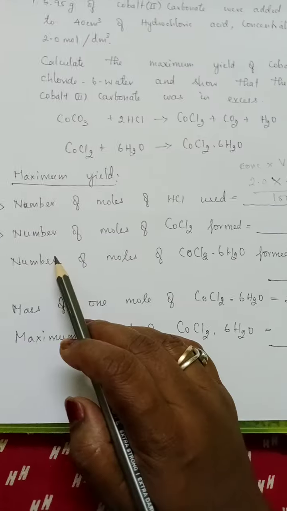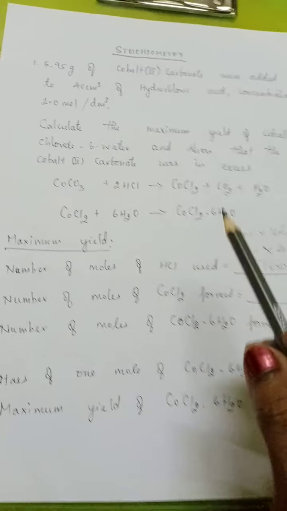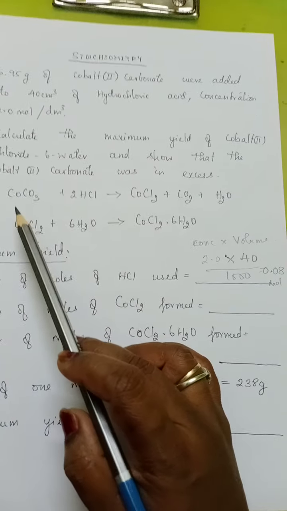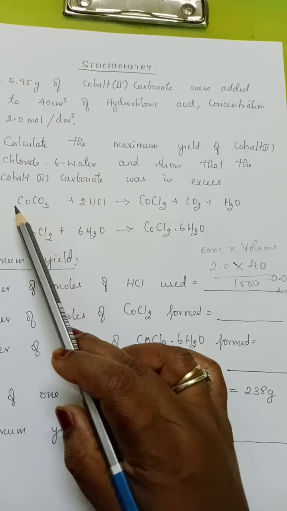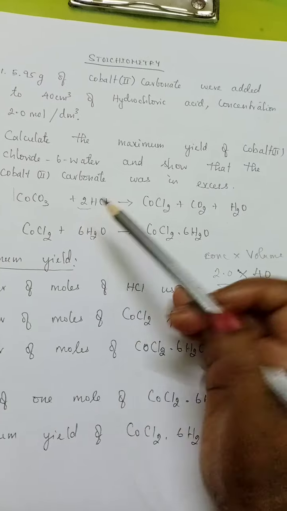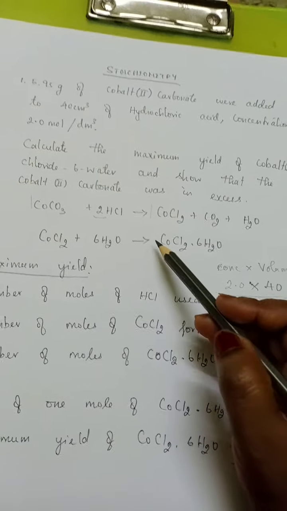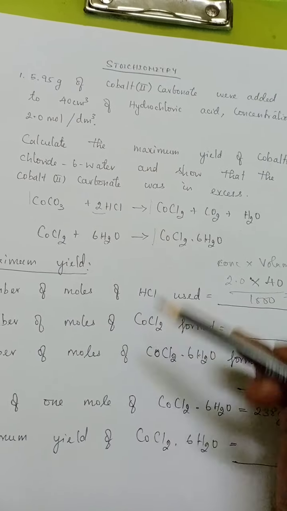So the next one, number of moles of cobalt chloride formed. If you see the equation, 1 mole of cobalt carbonate reacts with 2 mole of HCl, which forms 1 mole of cobalt chloride, and hydrated cobalt chloride 1 mole.